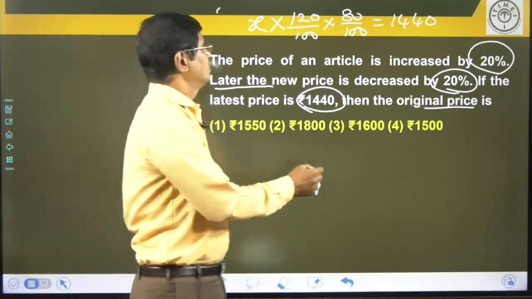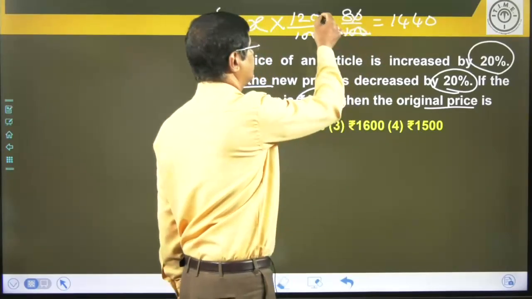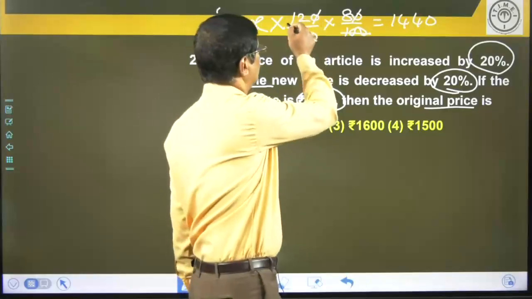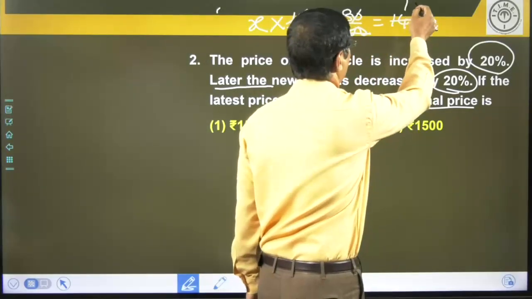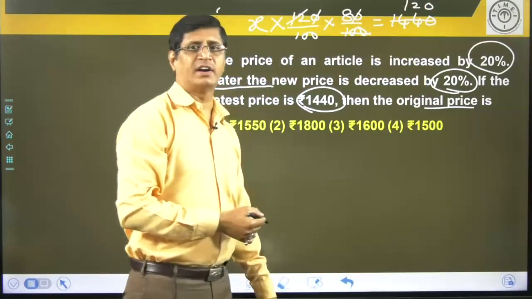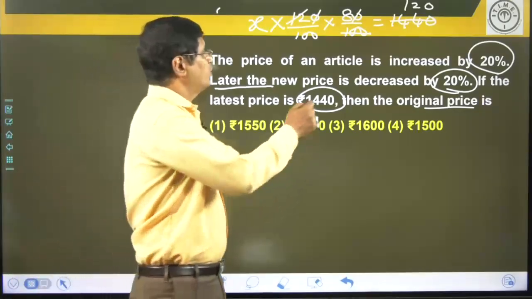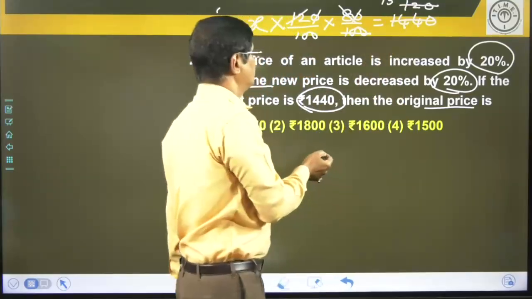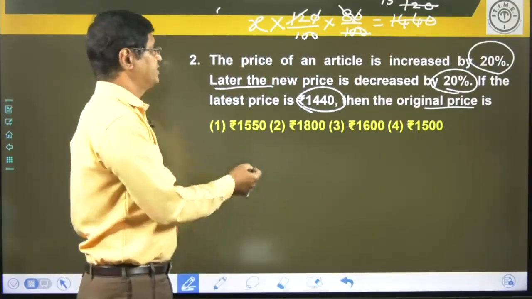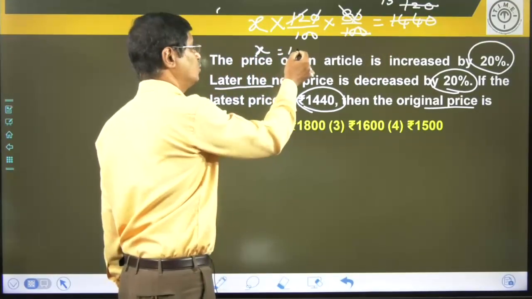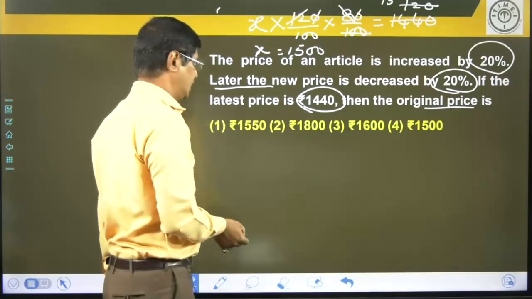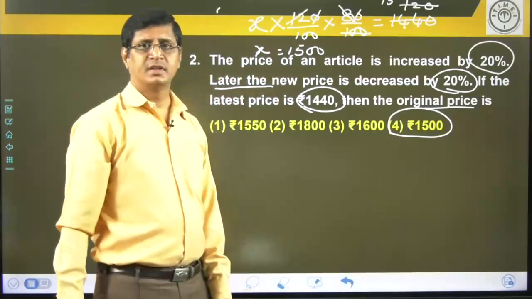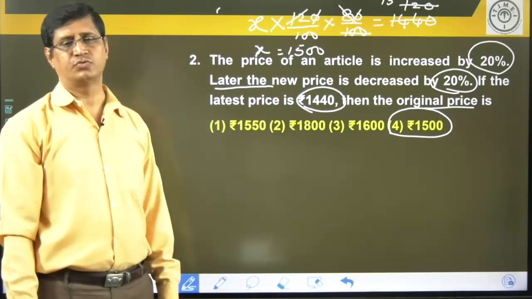Zeros in the denominator, we can cancel with zeros in the numerator. 12 goes 12 times in 144. 8 goes exactly 15 times. So X is equal to 100 into 15, that is 1500. The right choice is option number 4.